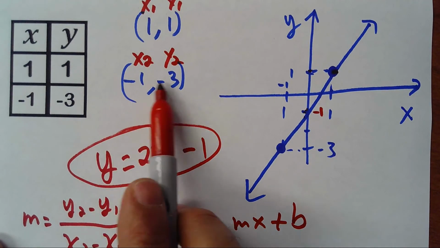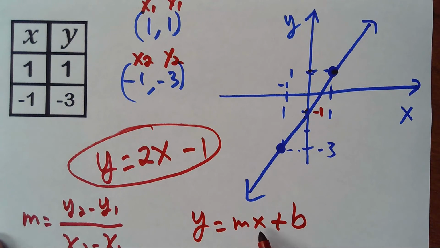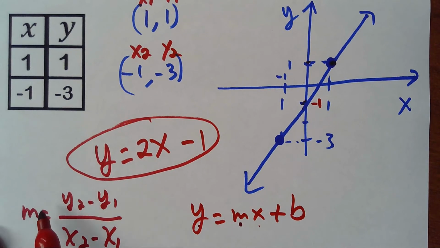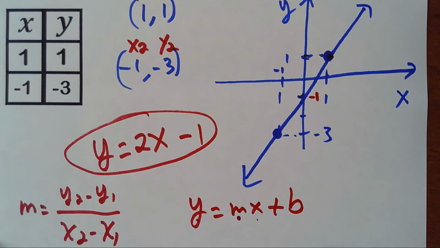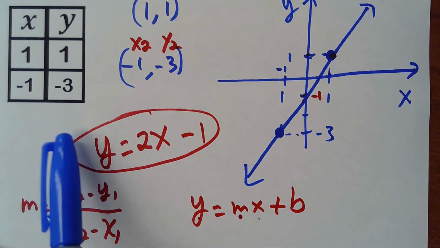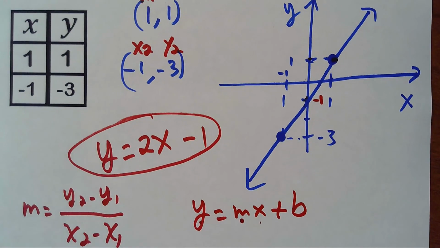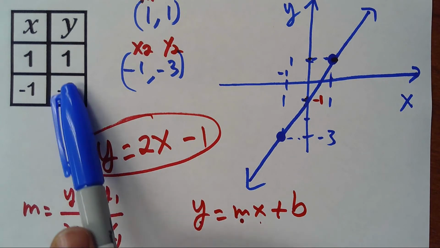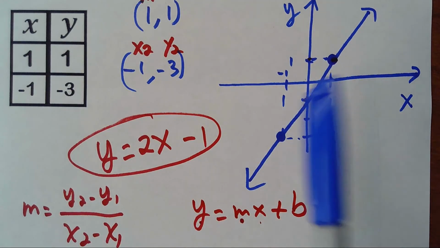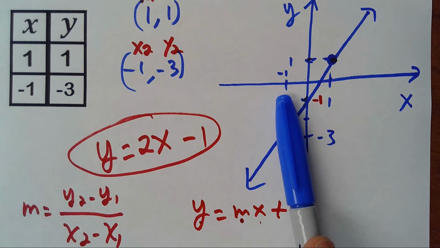You select any of the points. It could be this one. You substitute the x, you substitute the y, you already have the slope we found with the formula, and then we find b. Once we have the value of b, we substitute the value of b and the slope here, and we will have the equation. Okay, that's how you go from the table, doing some algebra, to get the equation, and also from the table you grab the points and you get the graph.